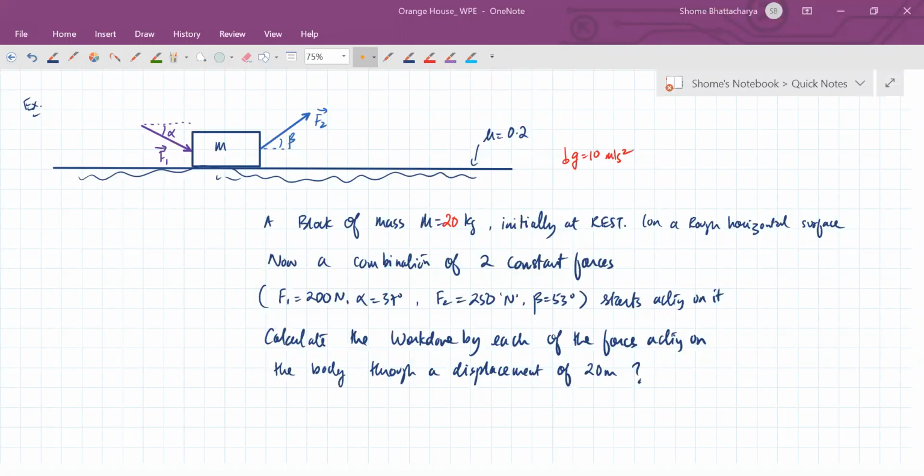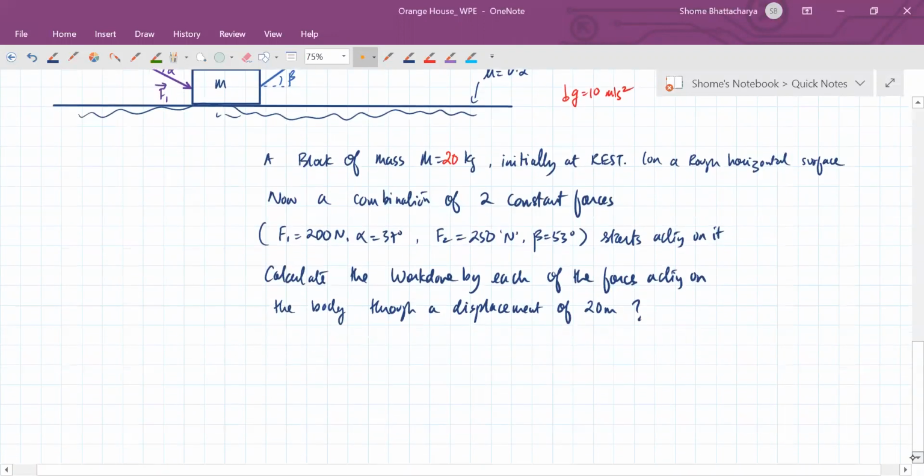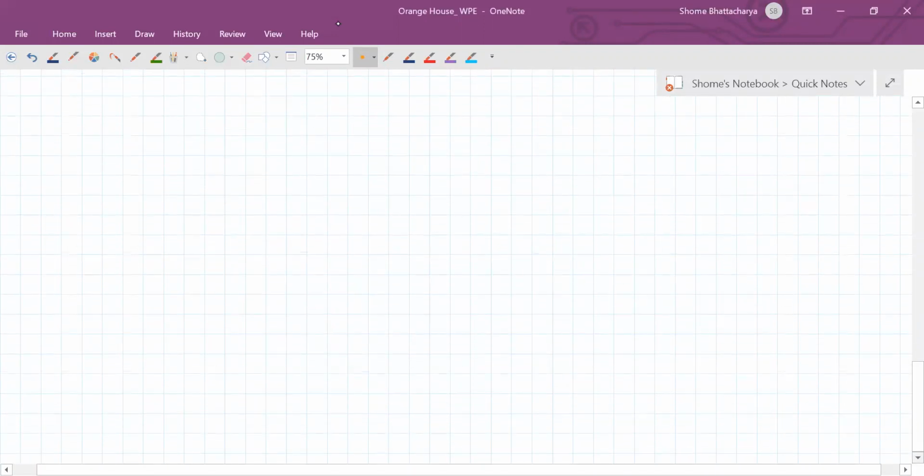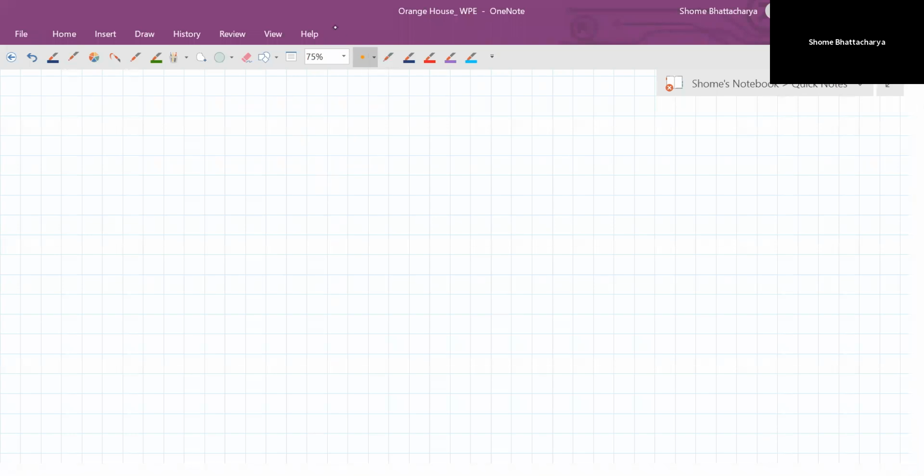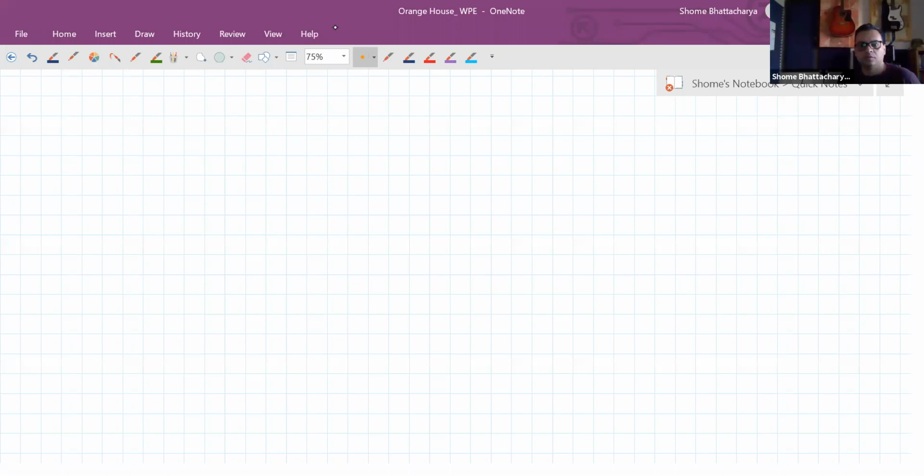So first of all, let's calculate all the forces. Other than F1 and F2, there are a number of forces acting on the body. So let's understand that first. In total, what all forces are acting on it?